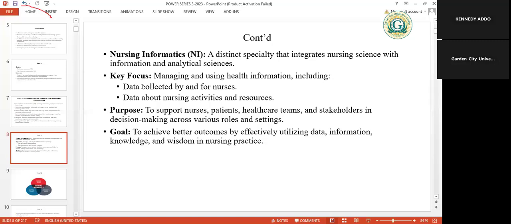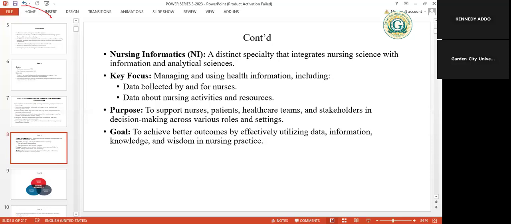The purpose is to support nurses, patients, healthcare teams, and stakeholders in decision-making across the various roles and settings. So we can have the key players or actors in nursing informatics. A central focus is on the nurses, the patient, and the stakeholders who are the government and other public health institutions.